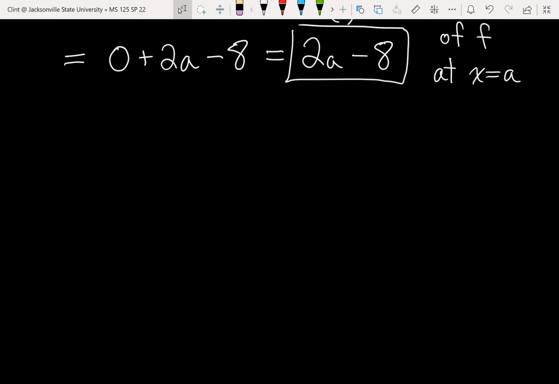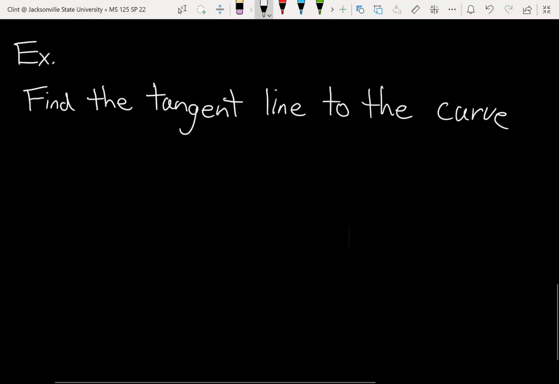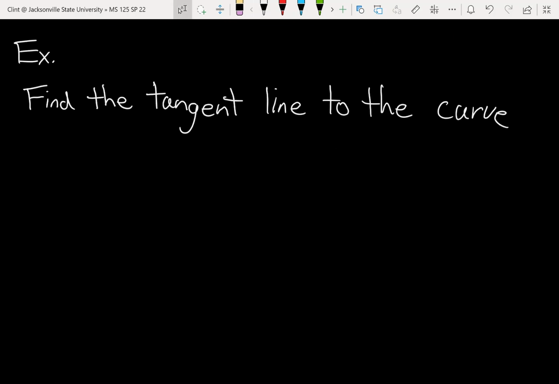So let's look at this one. We want to find the tangent line. We want the whole equation of the tangent line. Maybe we'll just do this one. Curve.